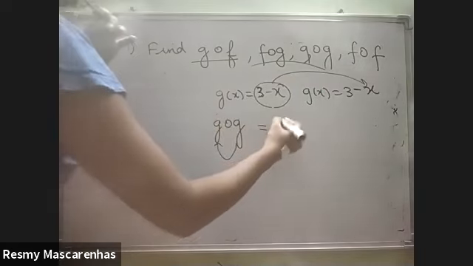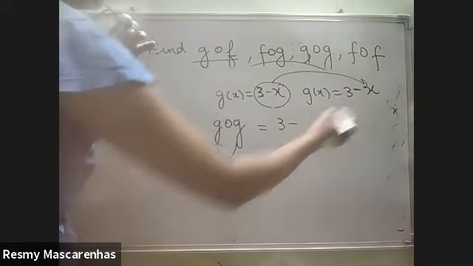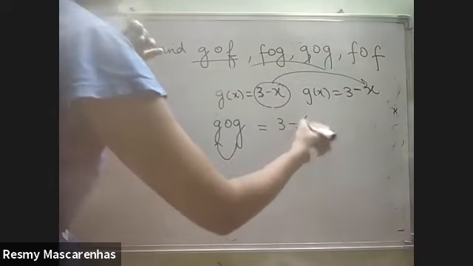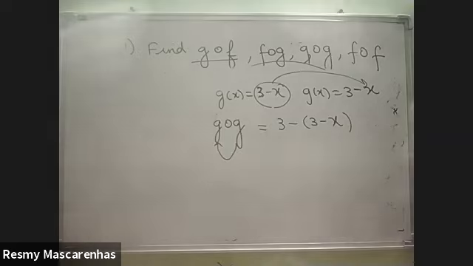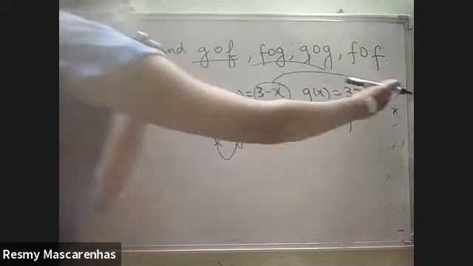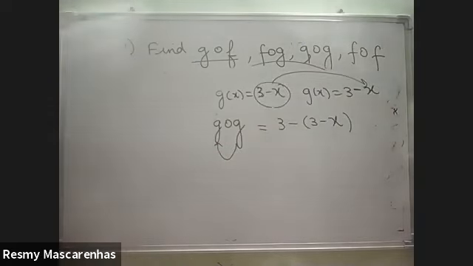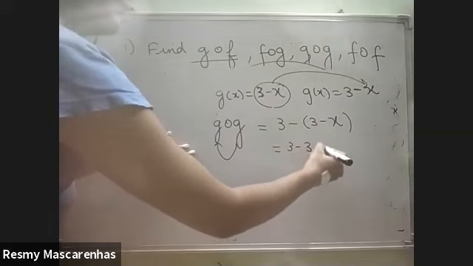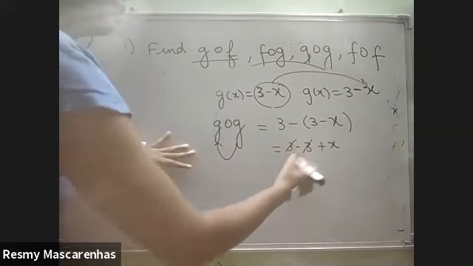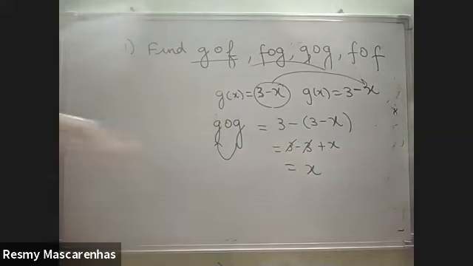So what it will be, 3 minus, instead of X, what I have to substitute? 3 minus X. In G we have to substitute G only. The whole function will be substituted wherever there is X. So this full G I'm substituting here wherever there is X, and then simplify. The answer is X.